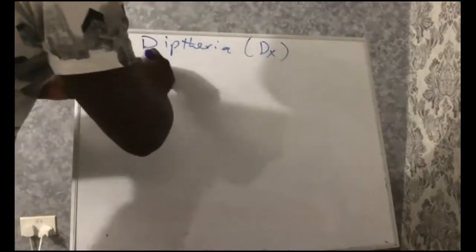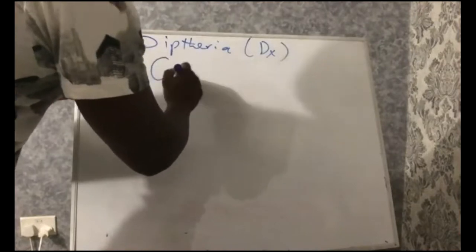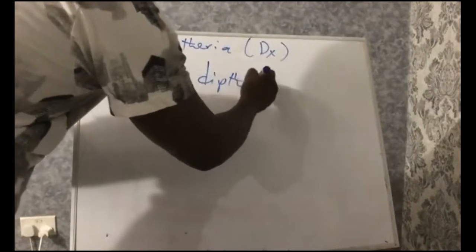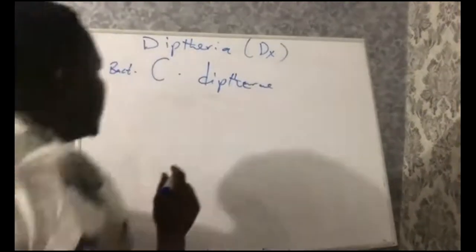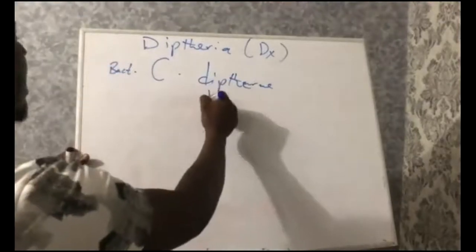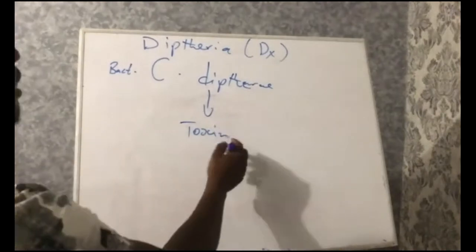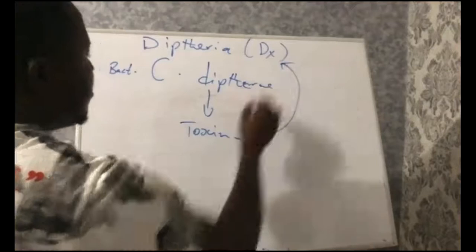So this is the disease. The bacteria causing it is called Corynebacterium diphtheria. So C. diphtheria, okay? Now, this bacteria produces a toxin, okay? And that toxin is what actually causes the disease, diphtheria, okay?